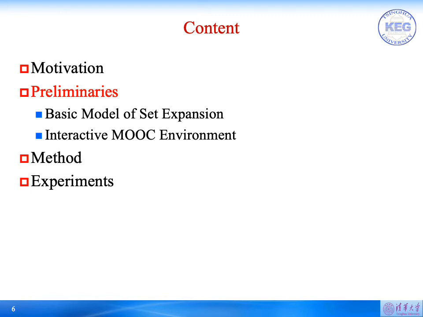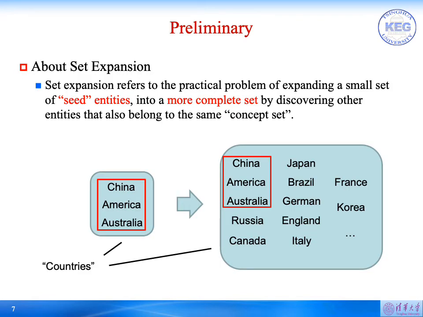Before we introduce our model, we need to first present some preliminaries of our task. The first is about the task of set expansion. The general set expansion task refers to the practical problem of expanding a small set of seed entities into a more complete set by discovering other entities that also belong to the same concept set.